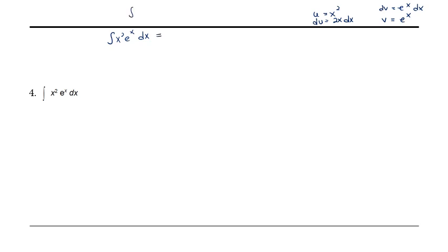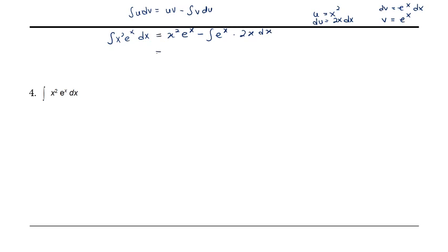Ingat formula: integrate u dv sama dengan uv minus integrate v du. So, x square times exponent x minus integrate v exponent x, du is times 2x dx.